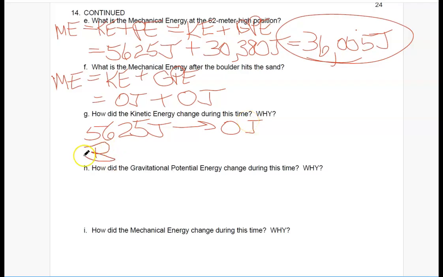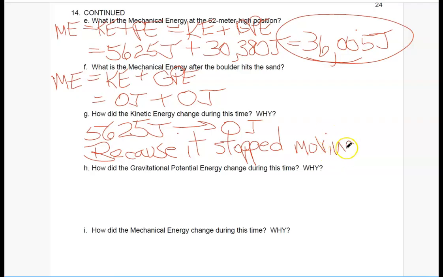Because it stopped moving. It's as simple as that. No movement means no kinetic energy, so it decreased. And we'll just write decrease. A little note, decrease.